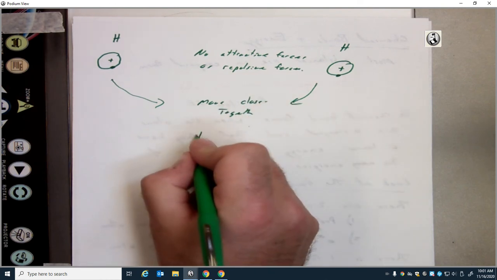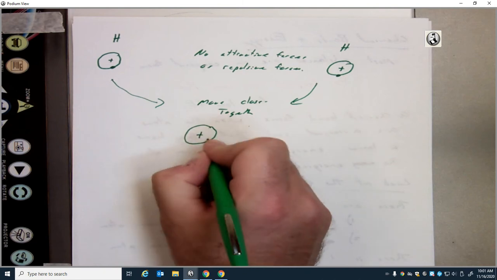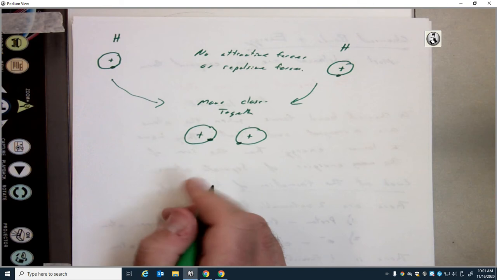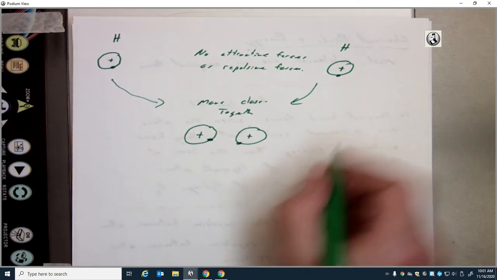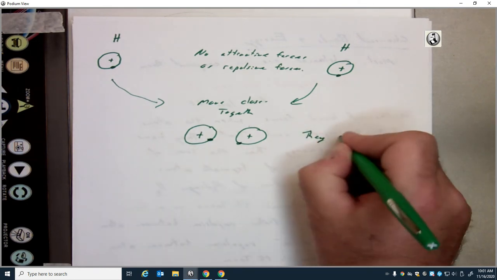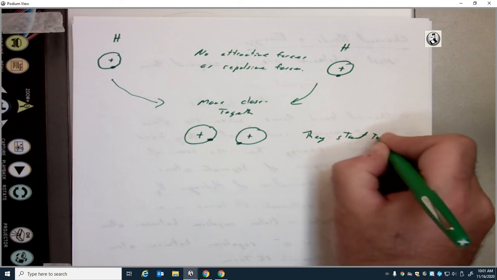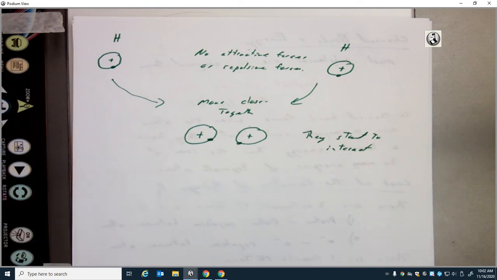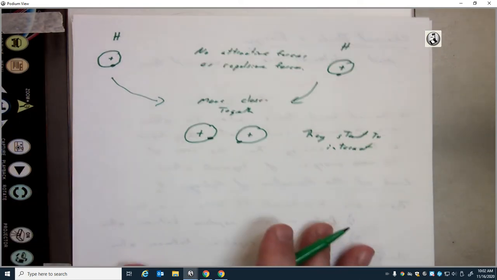And eventually, when they get closer, they start to interact with each other.